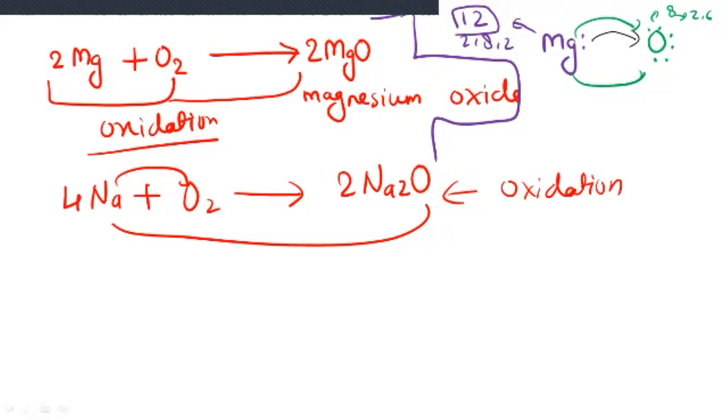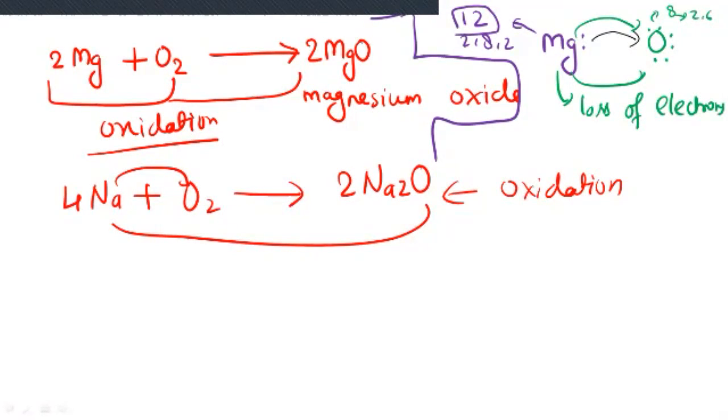So oxygen is going to take the electrons and magnesium is going to lose the electrons. So what will you say? Loss of electrons. Magnesium is losing the electrons to oxygen.